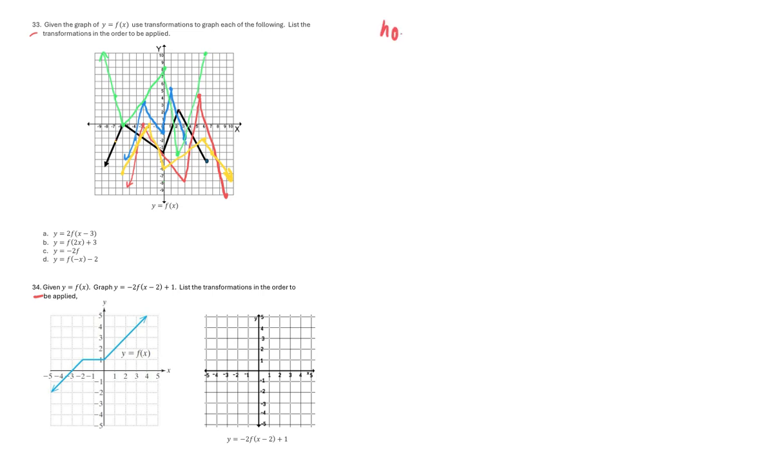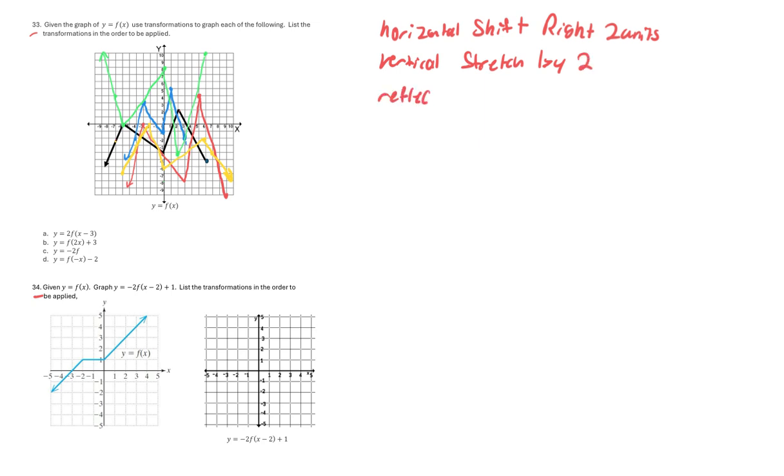So that'll be horizontal shift right 2 units, vertical stretch by 2, reflect across the x axis, vertical shift 1 unit up.